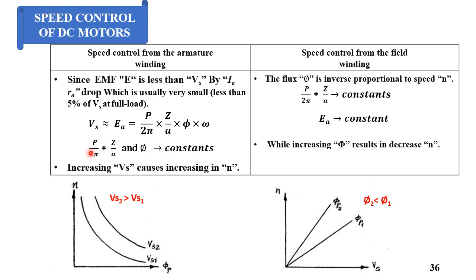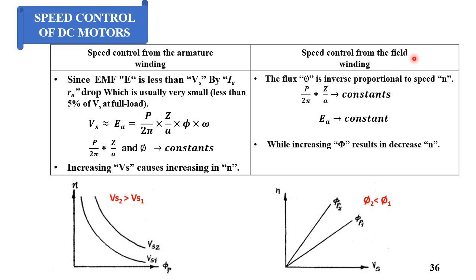K, which is P times Z divided by 2 pi A, and phi are constants. Then increasing the supply voltage will increase the speed. If Vs2 is bigger than Vs1, then the speed for Vs2 is bigger than the speed for Vs1.